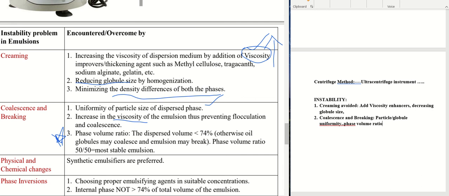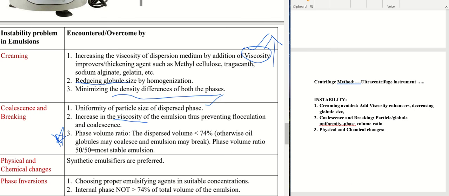And the next one is physical and chemical changes. The name itself indicates we'll be able to see some changes if the emulsion undergoes some unstable reactions. This type of change is majorly seen if proper emulsifying agents are not used in the formulation.